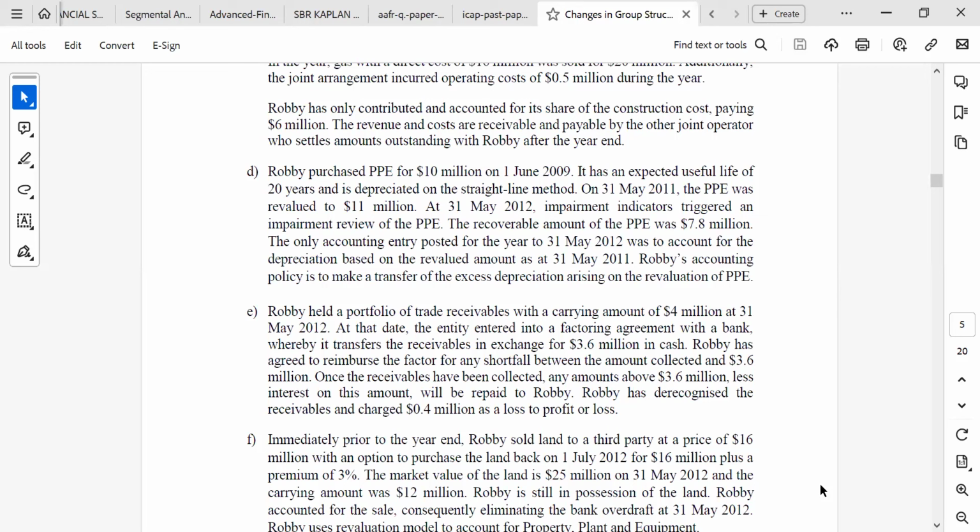Robbie has agreed to reimburse the factor for any shortfall between the amount collected and 3.6 million. Once the receivables have been collected, any amount above 3.6 million, less interest on this amount, will be repaid to Robbie. Robbie has still recognized the receivables and charged 0.4 million as a loss to profit or loss. Okay, this is factoring, isn't it?